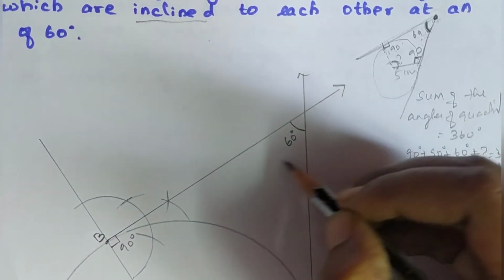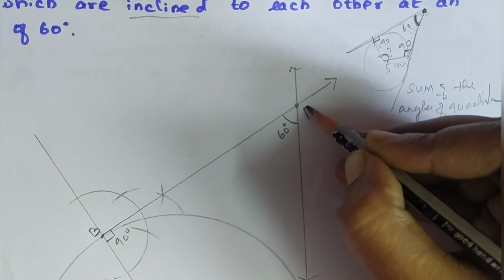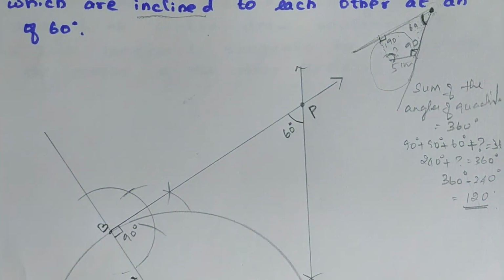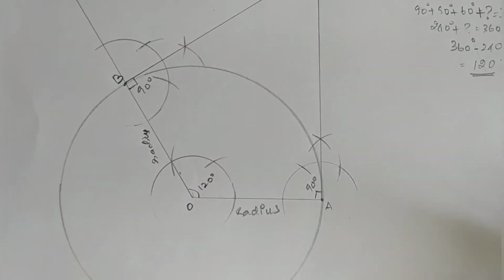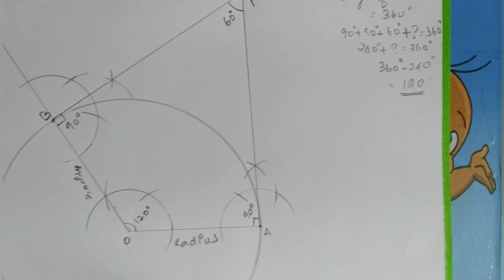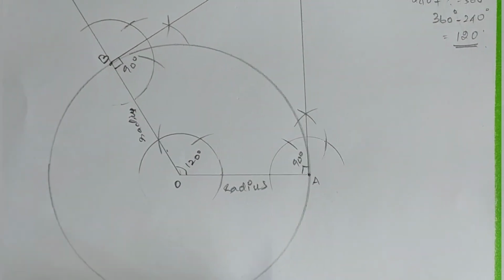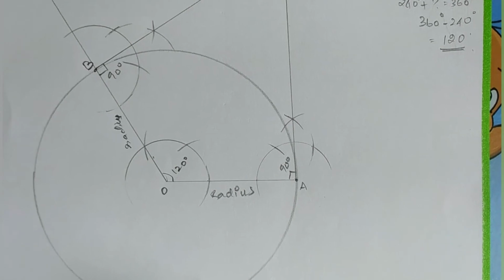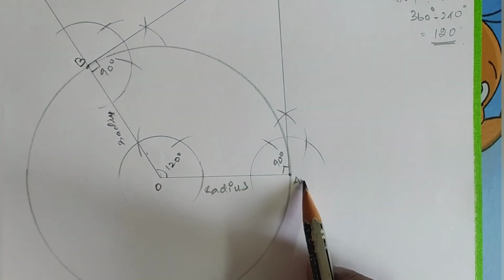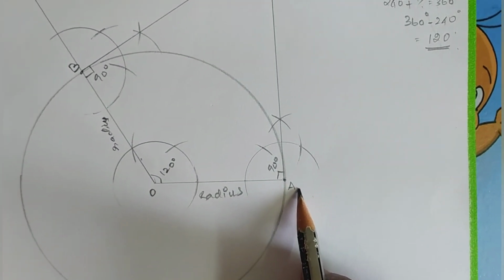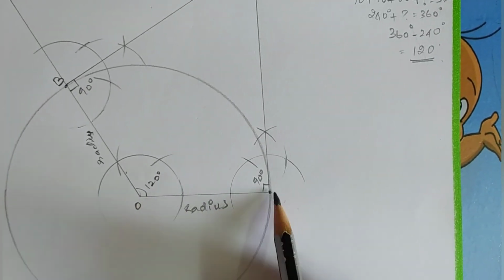This is the inclined angle. We found the external point. Clear? This is a very important problem. I tell you the steps. First draw a circle with center O and radius 5 centimeter, and then draw a baseline.